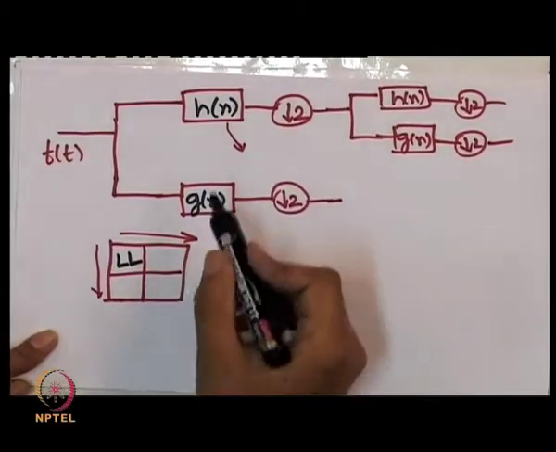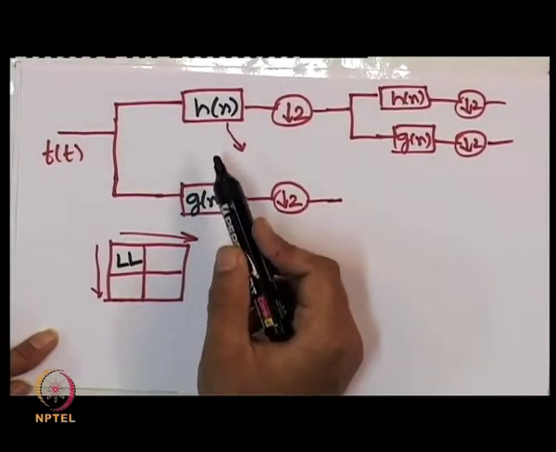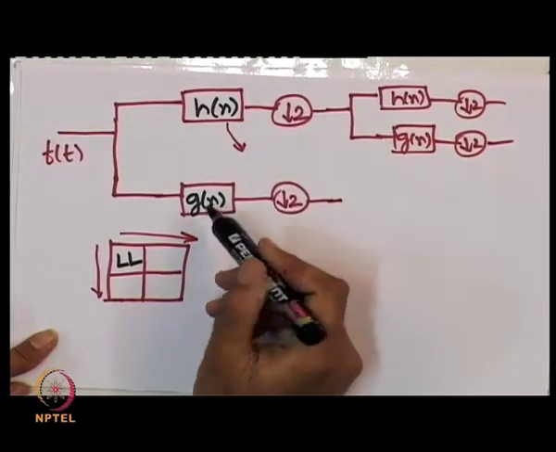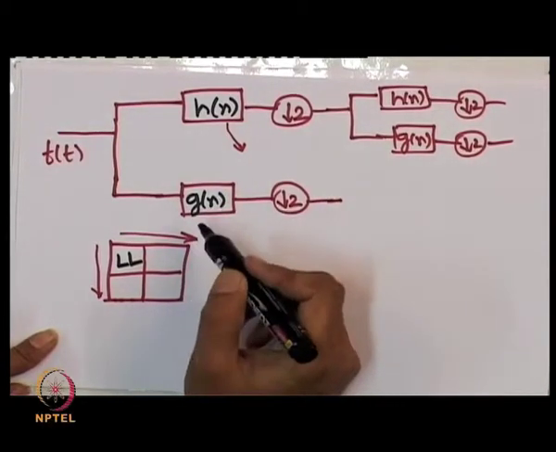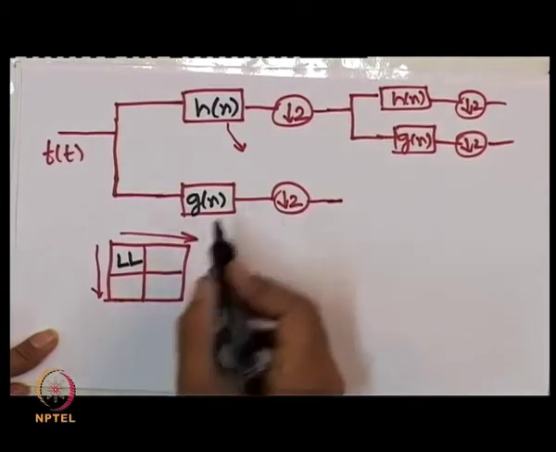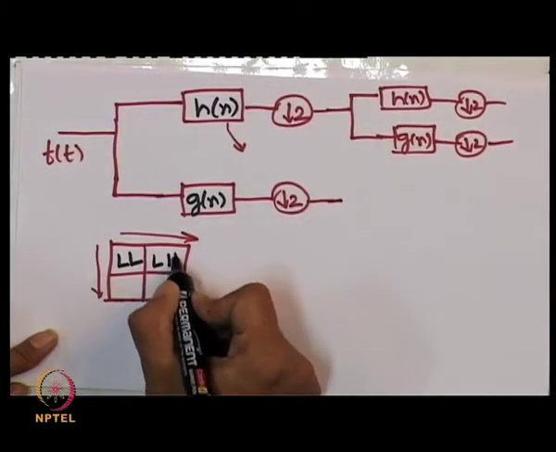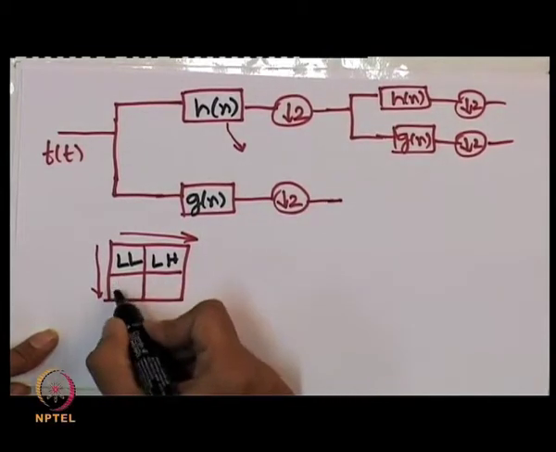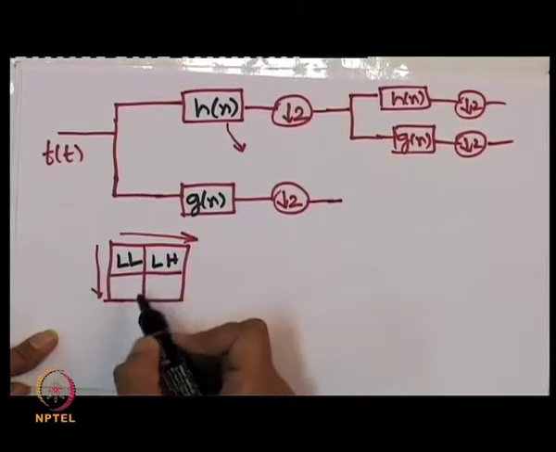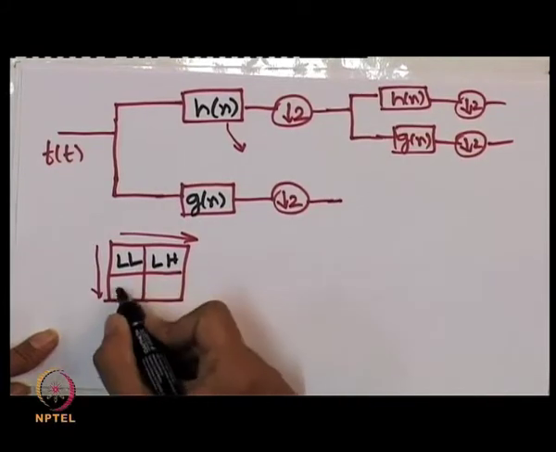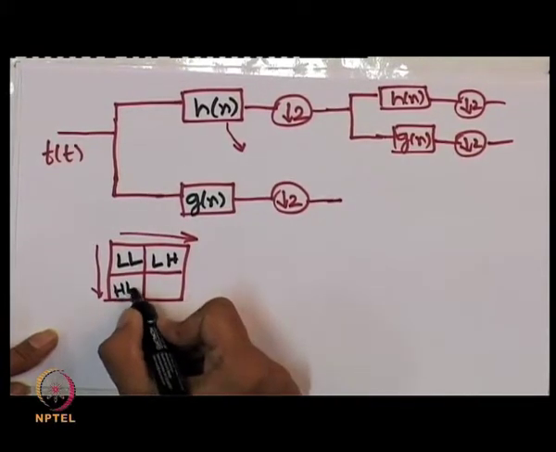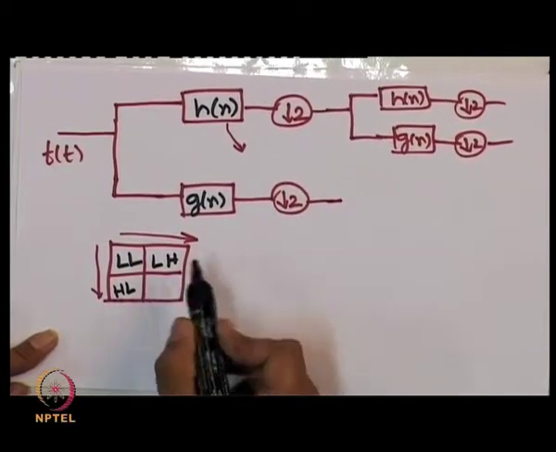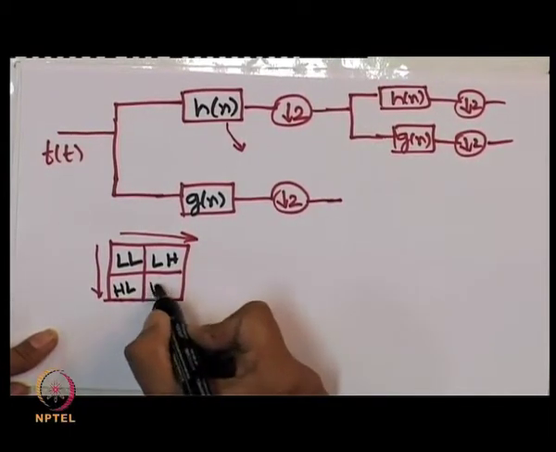If we apply low pass filter HN row wise, downsample it, then apply high pass filter GN column wise, then we will get the LH band. We repeat this for high pass filter row wise and low pass filter column wise, then we will get HL. And if we apply high pass filter both row wise and column wise, then we will get the HH band.